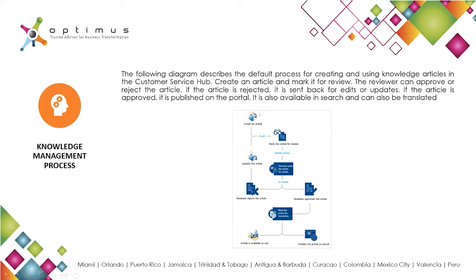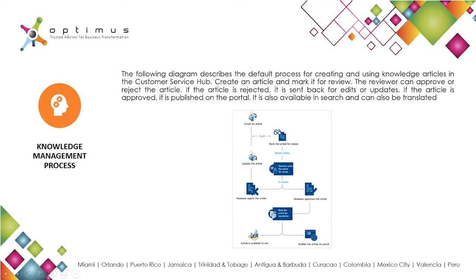At the beginning, you have someone that is going to create an article, someone that has the permissions and the responsibility. It could be a person, or it could be a team that is allowed to create those articles. Usually, the articles are created in a draft status, and after that, someone must review that article.